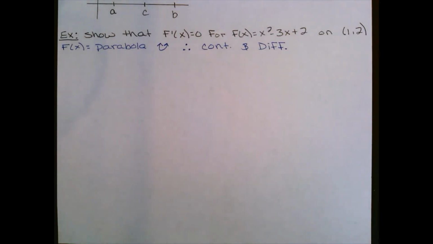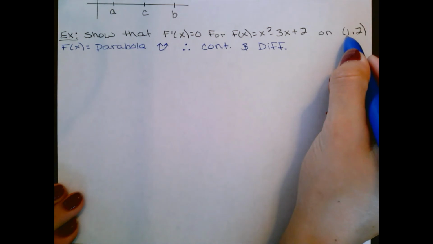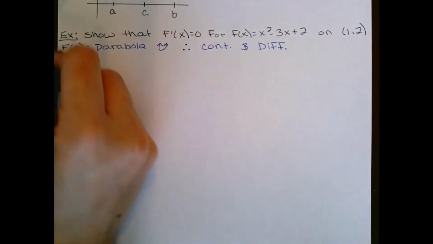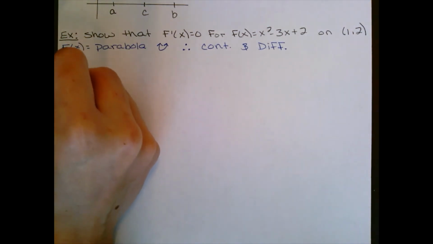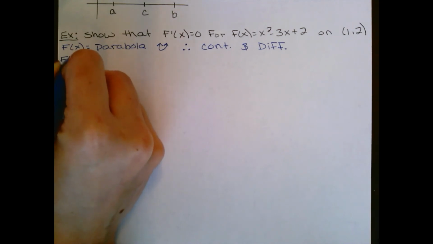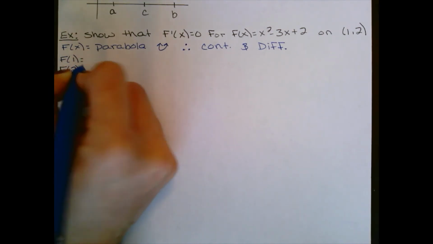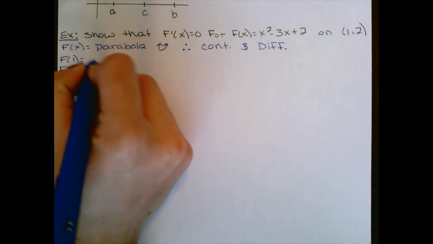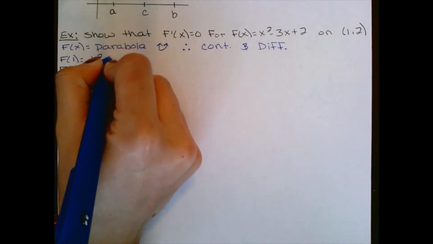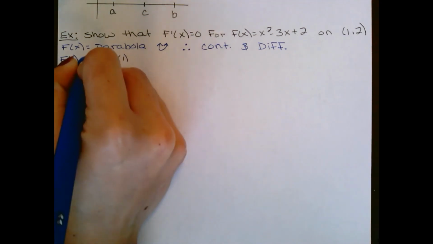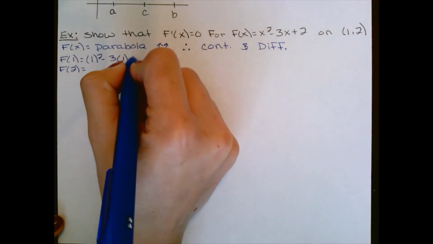Now, I want to prove that f of a, so here's my a, 1, and my b is 2. I want to prove that they're the same. So I need to take a moment and solve for f of a, which is f of 1, and f of b, which is f of 2. And I just do that by plugging it into the function that was given.